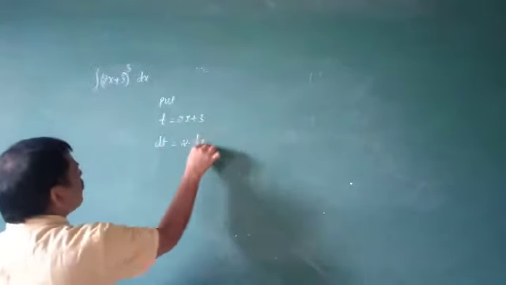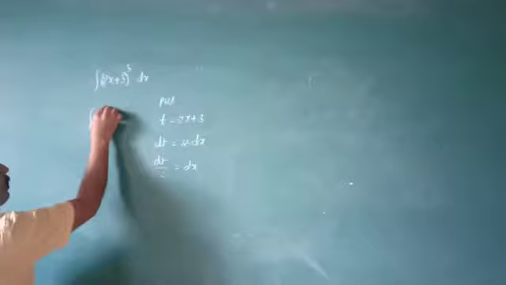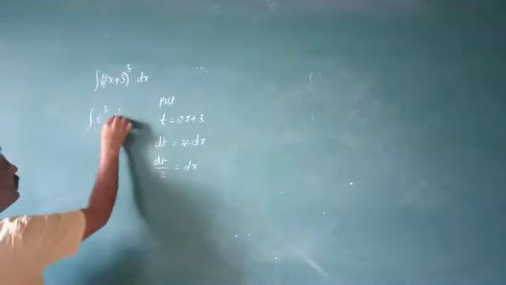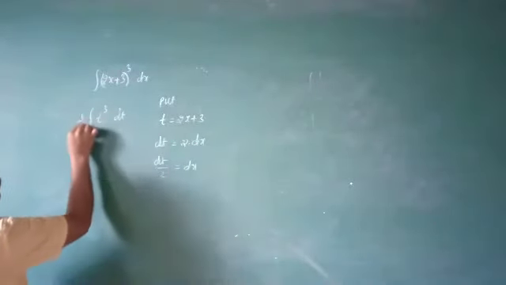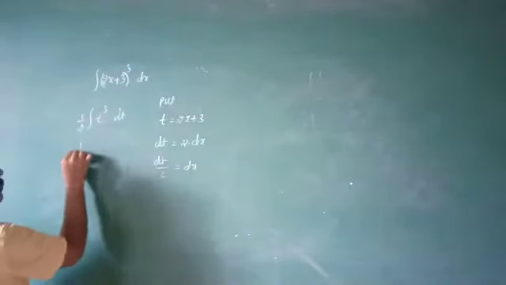So it is the integral of t to the power of 3 into dt divided by 2, which is 1 by 2 into t to the power of 4 divided by 4 plus c. So 1 by 8 into t, that is 2x plus 3, to the power of 4 plus c is the answer.